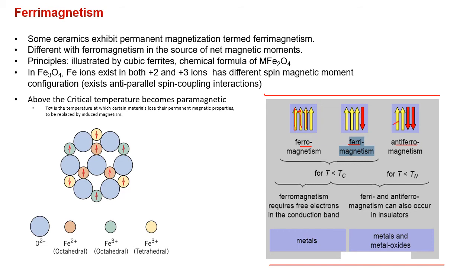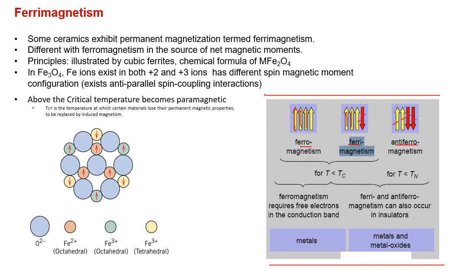The upward cancels the downward direction, so there is no dipole moment for antiferro. For ferrimagnetism, a dipole moment is achieved at T below Tc, where certain dipole moments may be cancelled, but the remaining still have magnetic properties.